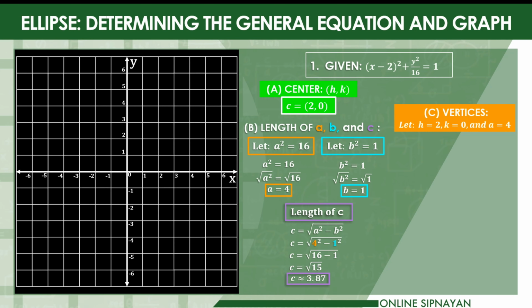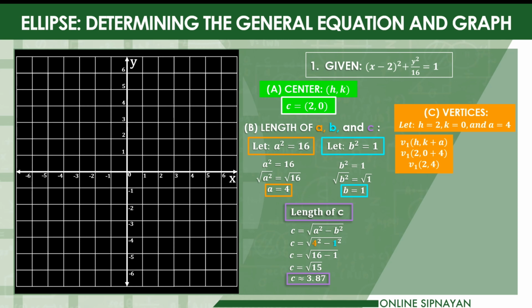Next is the vertices. You may visit summary table case number 4 to guide you in determining the points of our vertices. So we will let h is equal to 2, k is equal to 0, and a is equal to 4. So vertex 1 is at h, k plus a. Substitute the values. We'll have 2, 0 plus 4.